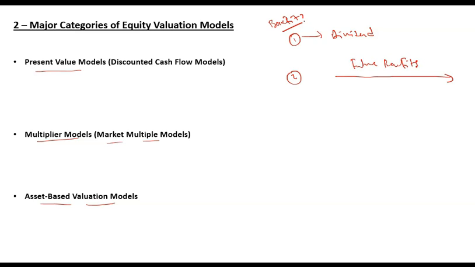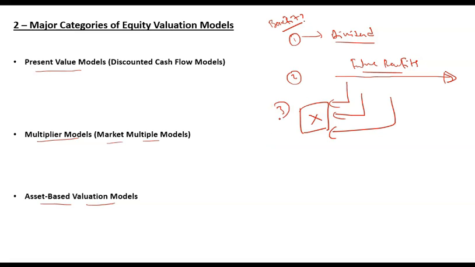So for example, if I have identified dividend as a benefit, I will forecast all future dividends. And once I have all future dividends, then I will calculate the present value of all those dividends to come up with the value of the company. And in order for me to calculate the present value, I will need another estimate, which is the discount rate.